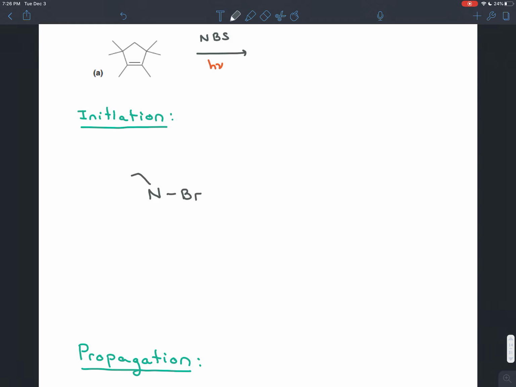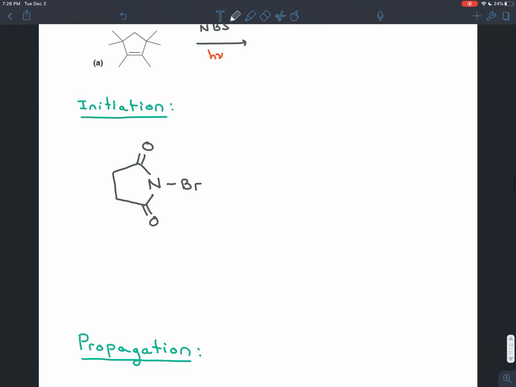The nitrogen is part of a 5-membered ring, and on the carbons next to the nitrogen, you have double bonds to oxygen. A carbon double bond to an oxygen is called a carbonyl. It's a useful feature that appears in a lot of different functional groups. It's not a functional group itself, but it appears in a lot of them. So it's useful to know that carbon double bonded to oxygen is a carbonyl.